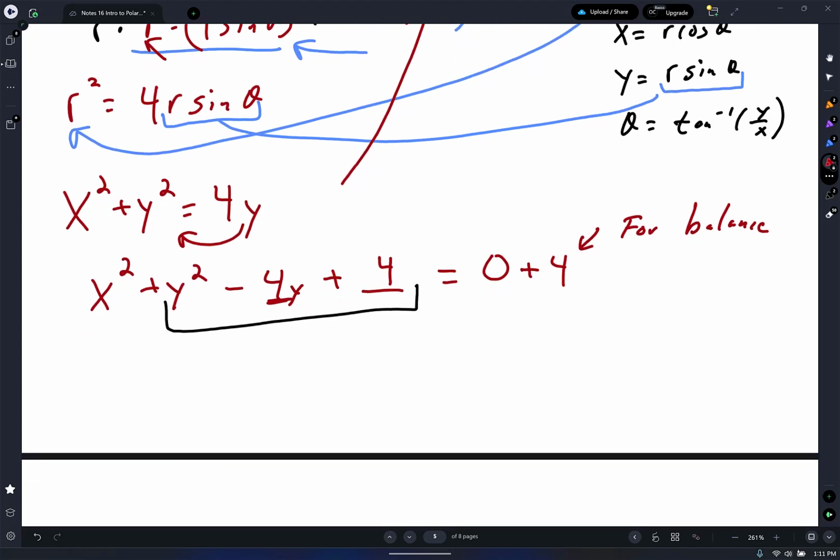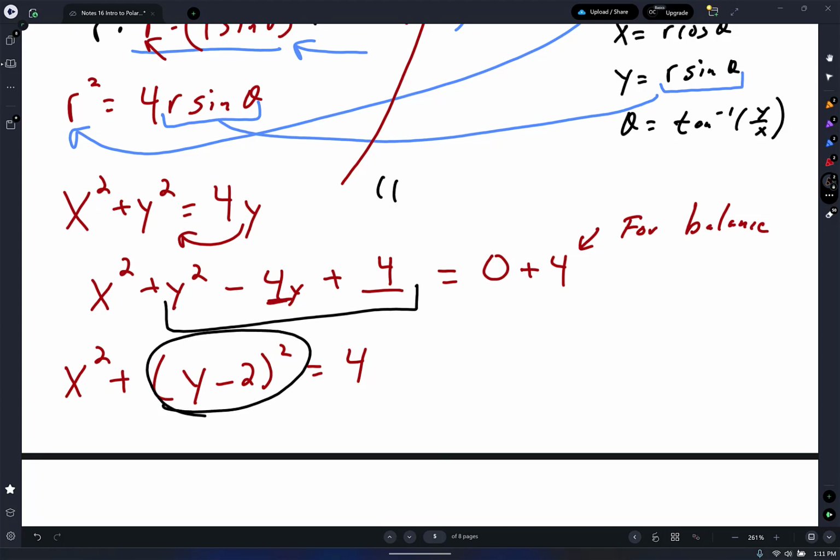From there, I have X squared plus parenthesis Y minus 2, close it, squared, equals 4. How do I get that? Why does it work? Look, Y minus 2 times Y minus 2, that's what it means.